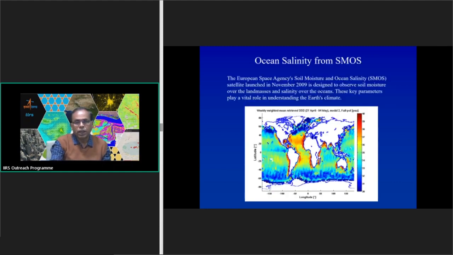One such is SMOS. It is a European satellite, which is known as Soil Moisture and Ocean Salinity. This satellite was launched in November 2009, and it provides you the soil moisture information over land, and salinity information over the ocean.